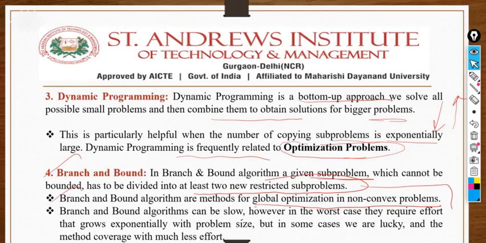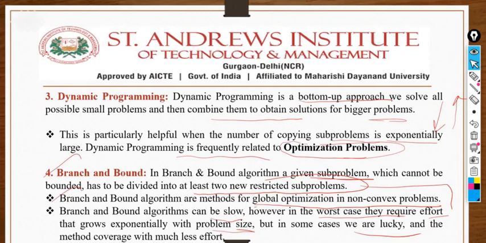This algorithm can be slow, like in the worst cases they require effort that grows exponentially with the problem size. If the size of the problem is very large, then it is possible the worst case could be there, and your algorithm could be slow. In some cases we are lucky, like if the method converges with much less effort in the branch and bound case.